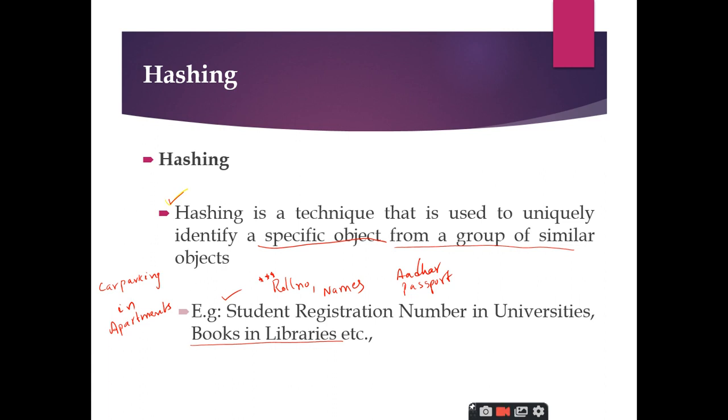You have to perform a linear search, where you start from the first bike and keep comparing, and when you find the result you will have taken a lot of time, right. But consider the parking mechanism implemented in apartments: parking slots.